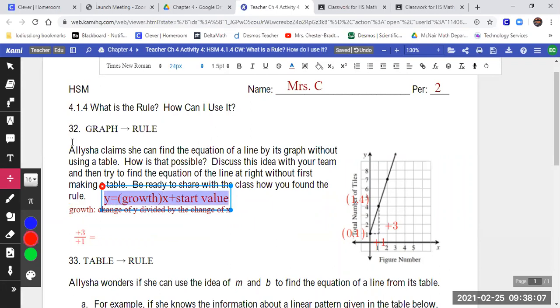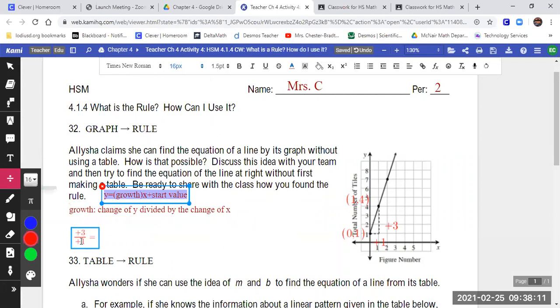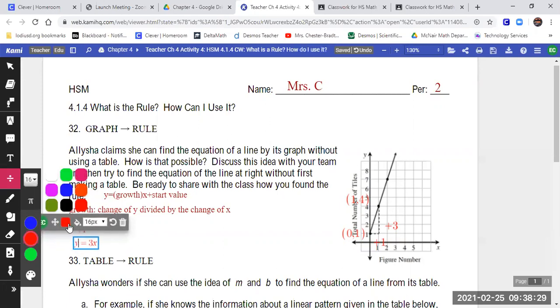So we could start our equation. y equals positive 3x, right? So we're starting our equation. y equals 3x, and then we have to find what? What comes after finding growth?